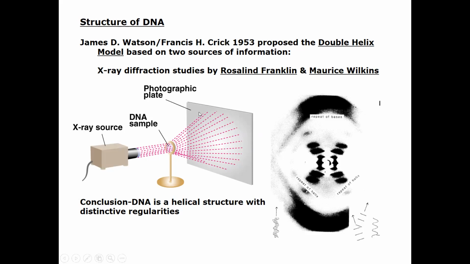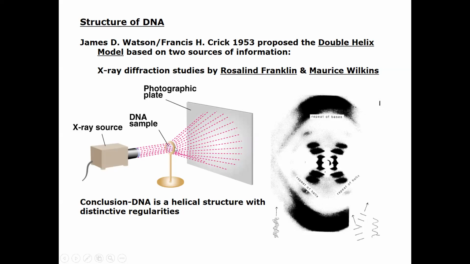They analyzed the DNA in various ways, but they had not confirmed that DNA is a double helical structure. 2 other scientists, Rosalind Franklin, very famous in molecular biology, and Maurice Wilkins, passed X-ray through the DNA.